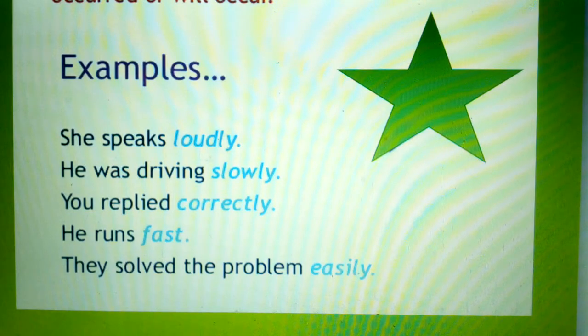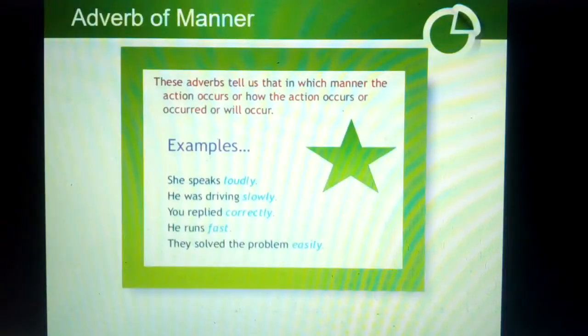So in the first example, she speaks loudly. So speak is a verb and loudly is an adverb. And it is the adverb of manner.